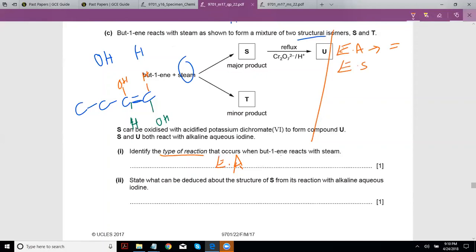Electrophilic substitution happens in aromatic compounds, but it's not in your AS syllabus. Nucleophilic substitution happens in alkyl halides and alcohols and the like. And nucleophilic addition happens in your carbonyl compounds.